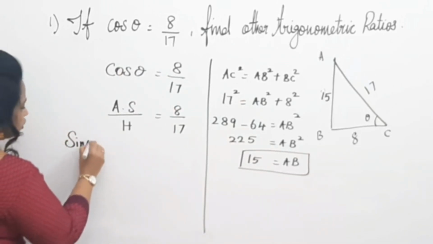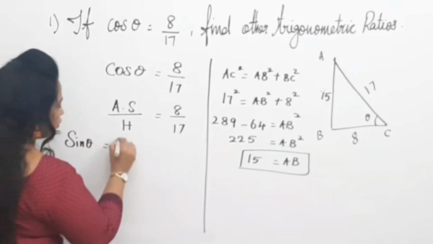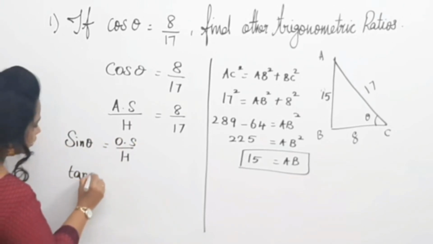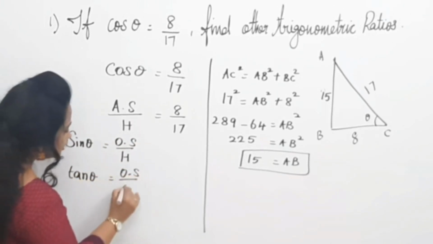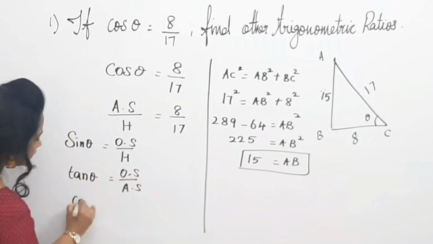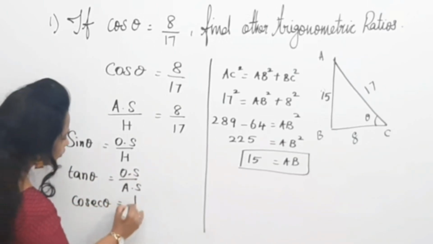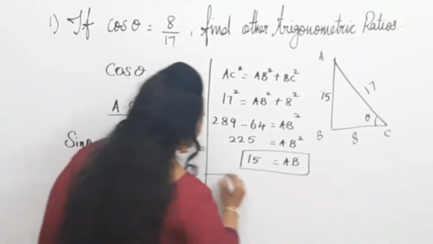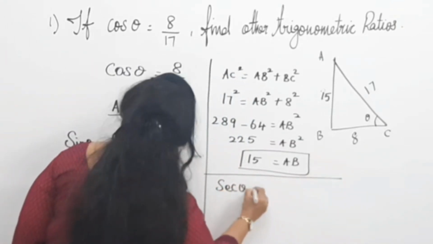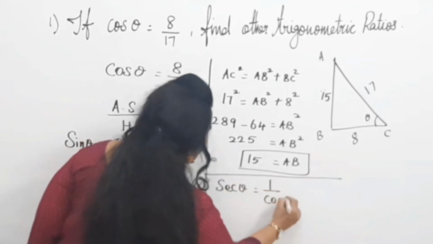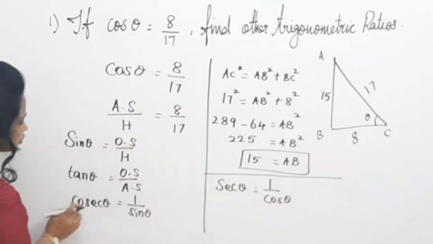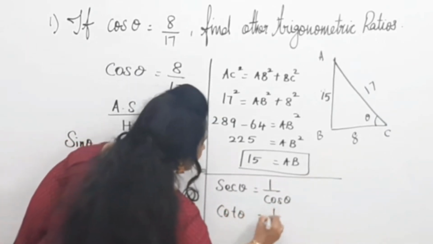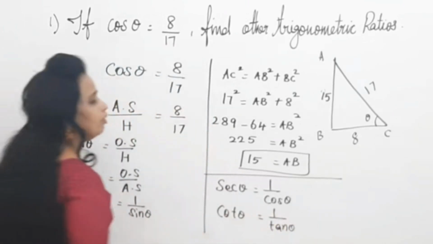First ratio: sine theta is equal to opposite side by the hypotenuse, and then tan theta is equal to opposite side by the adjacent side, and then cosec theta is equal to 1 by sine theta, and my sec theta is equal to 1 by cos theta. Why? Because S goes with C. And then I would have my cot theta is equal to 1 by tan theta. So I got all my ratios.